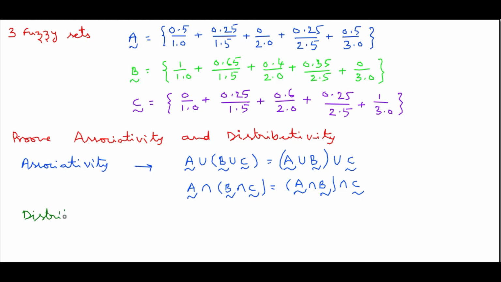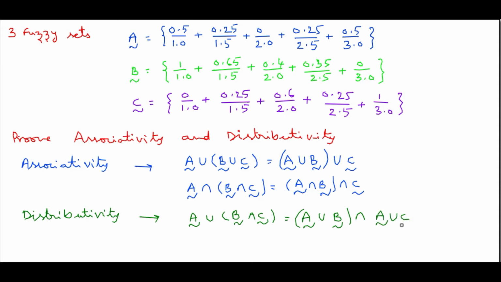Distributivity means A union B intersection C is equal to A union B intersection A union C. Similarly, A intersection B union C is equal to A intersection B union A intersection C. Yeah.